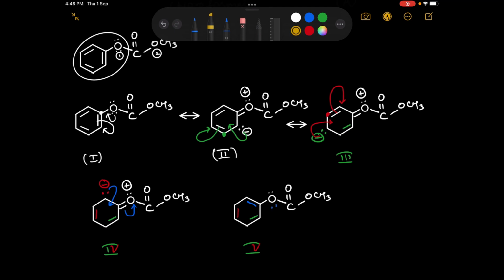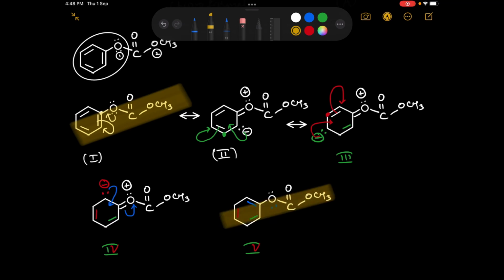If you carefully observe structure number 1 and structure number 5, you will see that the structure is almost the same, only the bonds between the carbons have shifted. Observe one more thing, which is the most important one rather, the position of the lone pair.